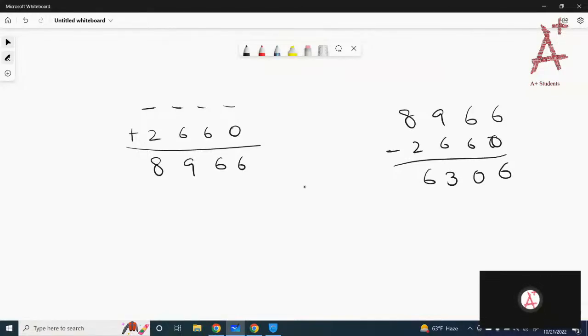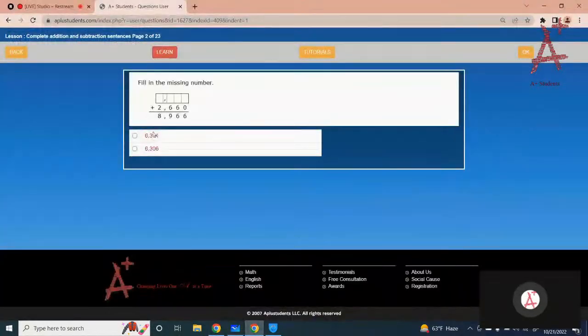That means the missing number is 6,306. Got it? So just select the correct option and click on the 6306. That would be the second option, and click on the OK button.